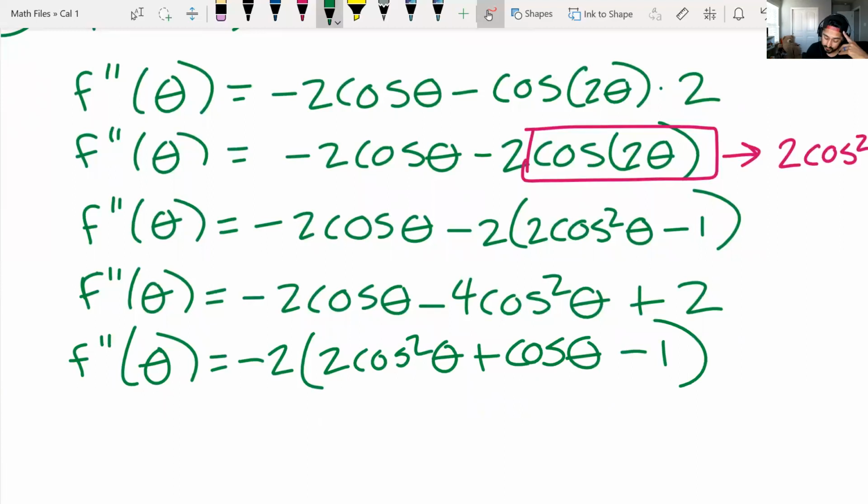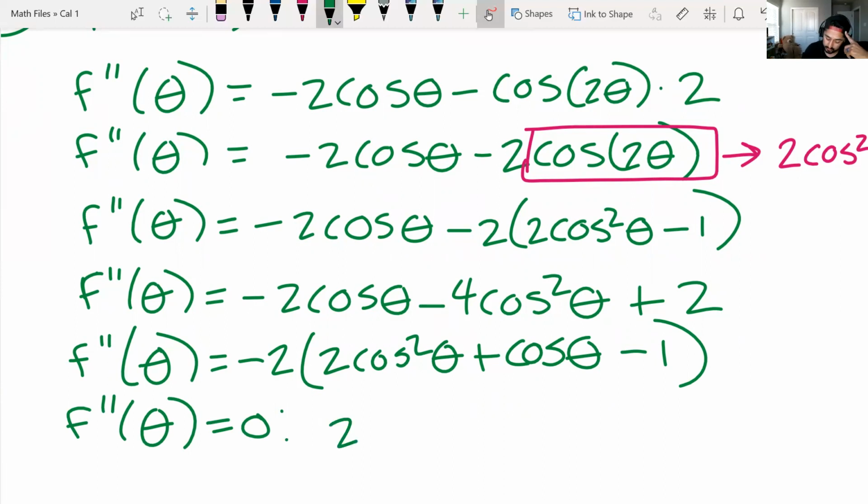That'd be negative 4 cosine squared, negative 2 cosine, plus 2. Okay. Ooh, there's a second derivative. Now we set it equal to 0. And I don't need that negative 2 anymore, so I'm just going to leave that off.